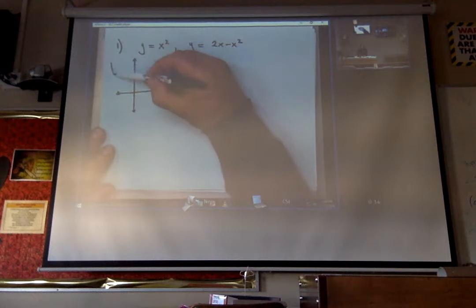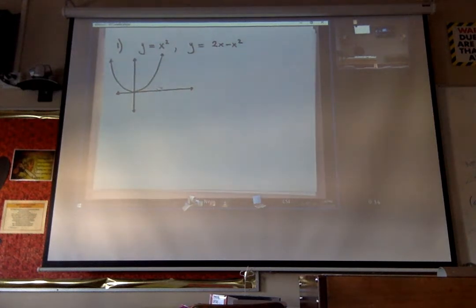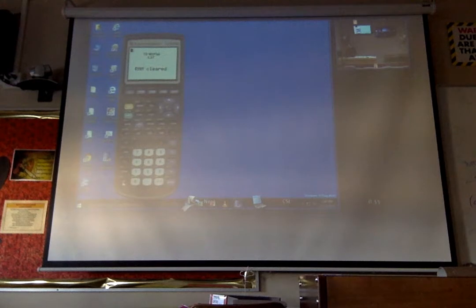So with x squared, that's not that complicated. Let's say I have x squared over here. This is just a sketch. But then I have 2x minus x squared. So if you go to the calculator and see what you have, let's put first x squared, and then we'll put the second one, 2x minus x squared, and we graph them.